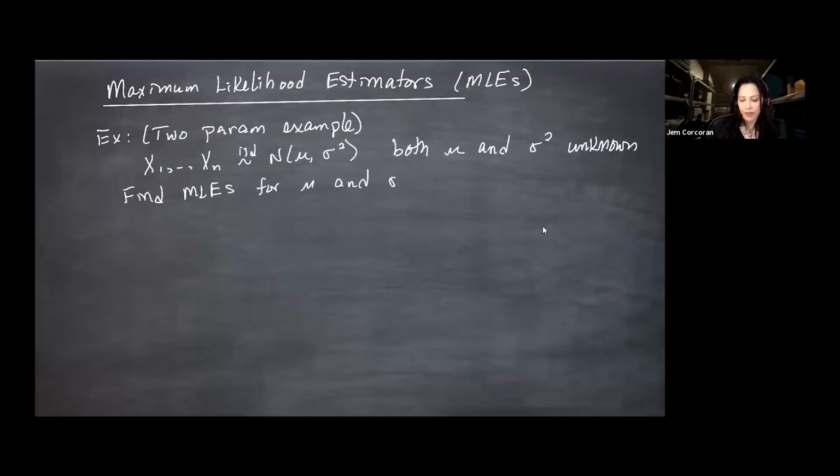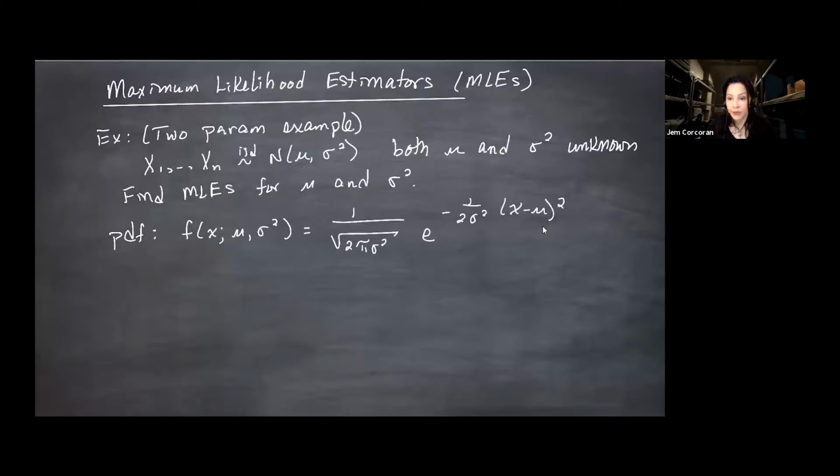So you would approach this just like you do all the others. You would write down the PDF for any one of these, an f of x and parameter mu and sigma squared. And this is 1 over the square root of 2 pi sigma squared e to the minus blah, blah, blah. So it looks like that, and there's no indicator here because it takes on values from minus infinity to infinity.